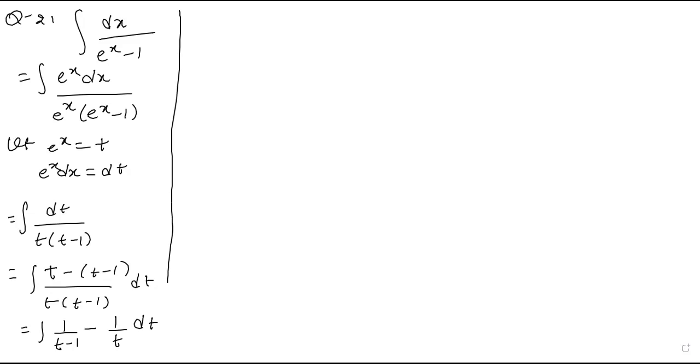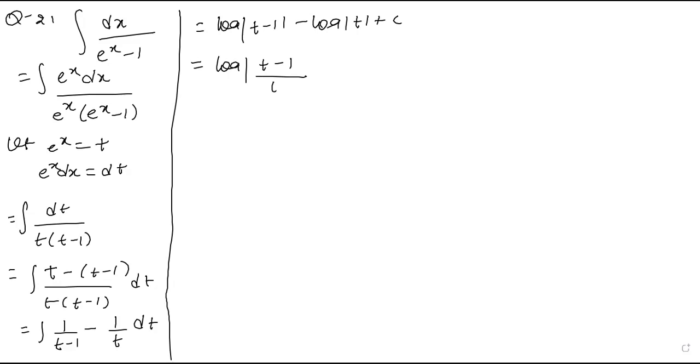Taking integration will give me log mod t minus 1 minus log mod t plus c. Applying properties of log will give me log of t minus 1 by t plus c. Replacing the value of t as e raised to x, my final answer will be log mod e raised to x minus 1 upon e raised to x plus c.